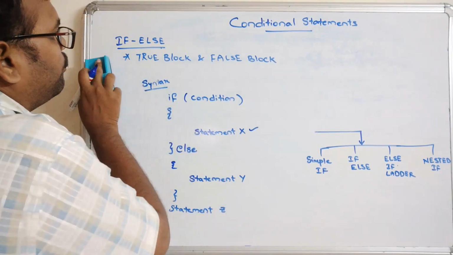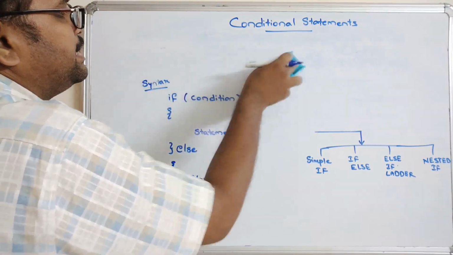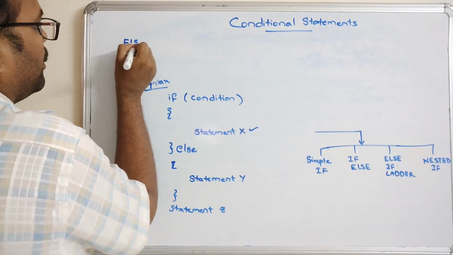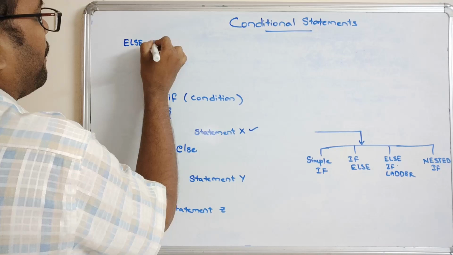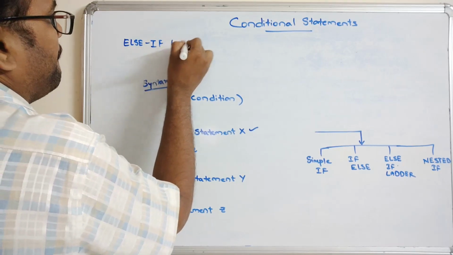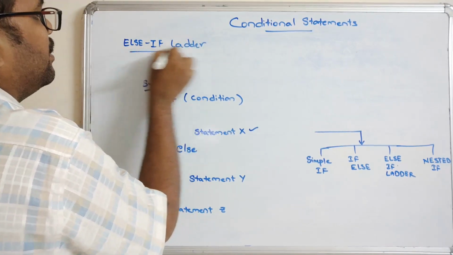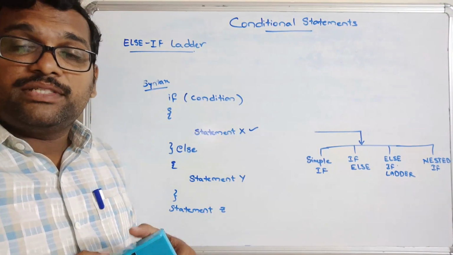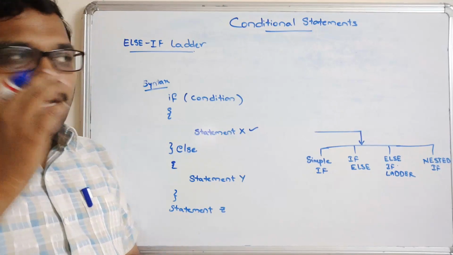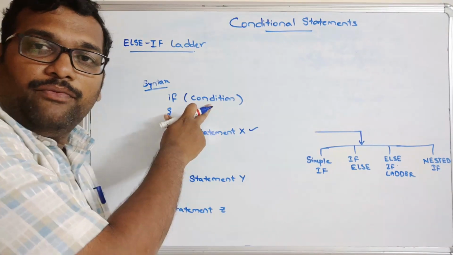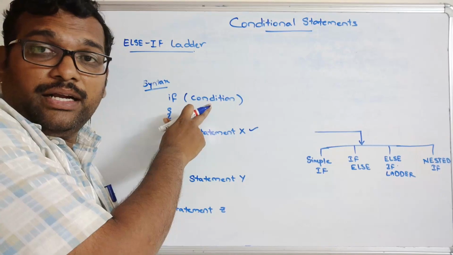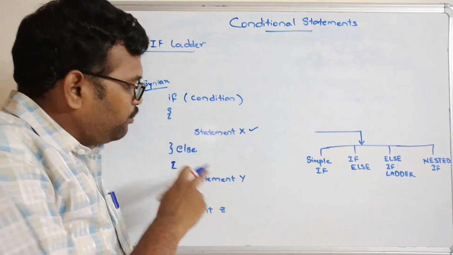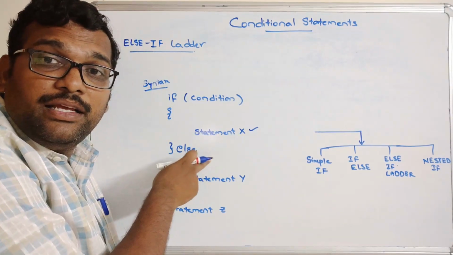Okay, now we'll move on with the next one, that is else if ladder. So here, if we want to check multiple conditions, okay, if one condition is already verified and based upon the result of the condition, again if you want to check one more condition, then we should not write the condition in the else, right?